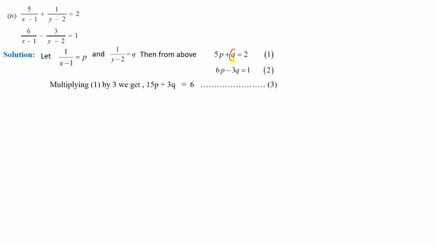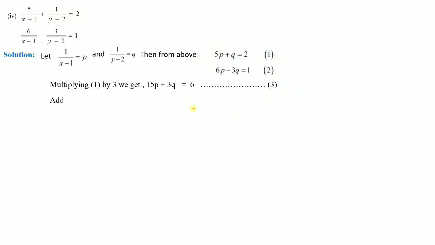Because the coefficient of q is 1, so when we multiply with 3, both the coefficients will be equal but with the opposite sign. So we get 5 3s are 15 here, and then 3 into q, 3q here, and then 2 3s are 6 on the right hand side. So the first equation is now converted into the third.